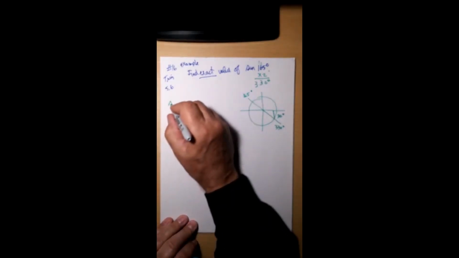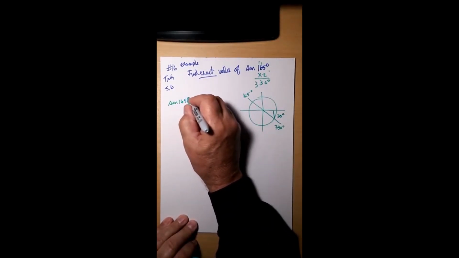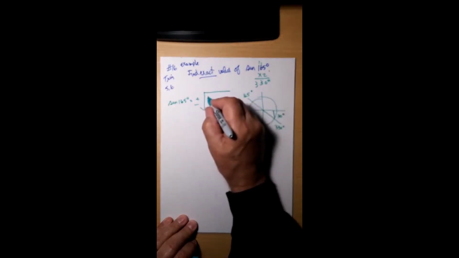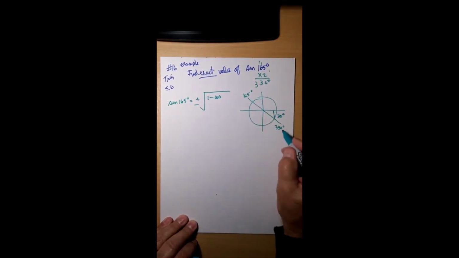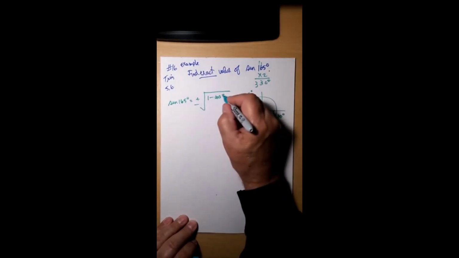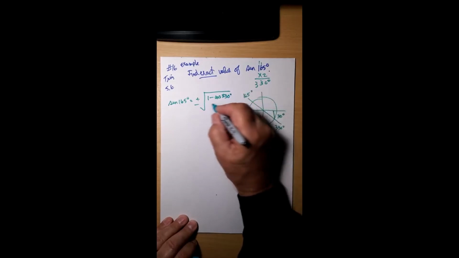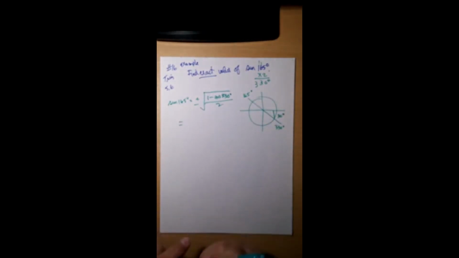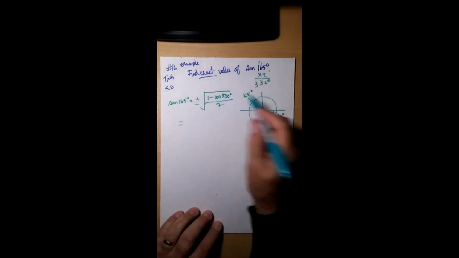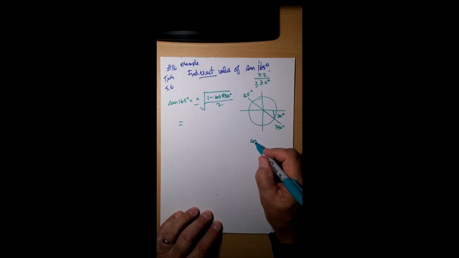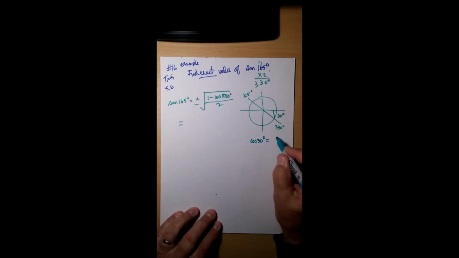So we're going to use the sine of 165 degrees equals plus or minus the square root of 1 minus the cosine of 330, that's double this angle, over 2. This is half of the 330. Now, let's see. 330 has a reference angle of 30 degrees. What is the cosine of 30 degrees? Well, you can look it up.